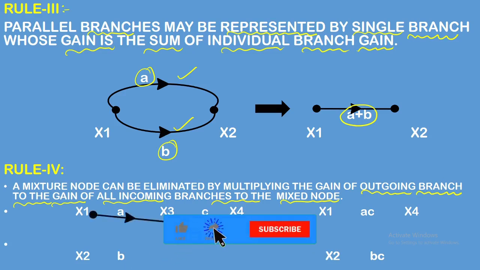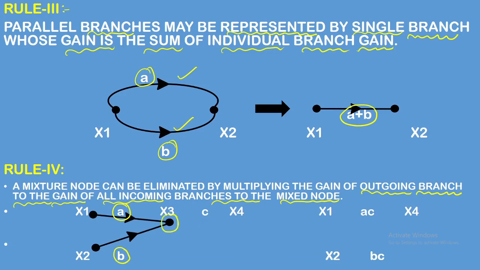See here, you have a gain with the A branch, then here you have the gain with the branch B, and you have the mixed node here because two signals are coming in and one signal is going out. So you can eliminate this mixed node by multiplying the gain of the outgoing branch. This is the outgoing branch here, then all the incoming branch gains here. So incoming branch gain is A here, outgoing branch gain is C, incoming branch gain is B here, outgoing branch is C once again.